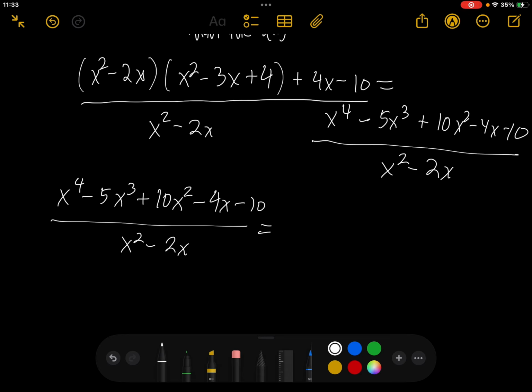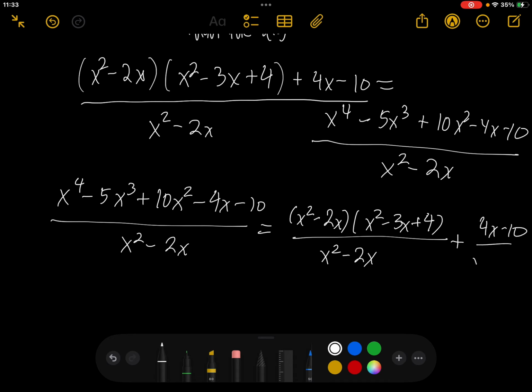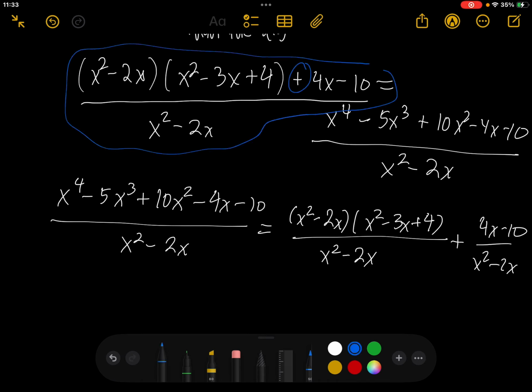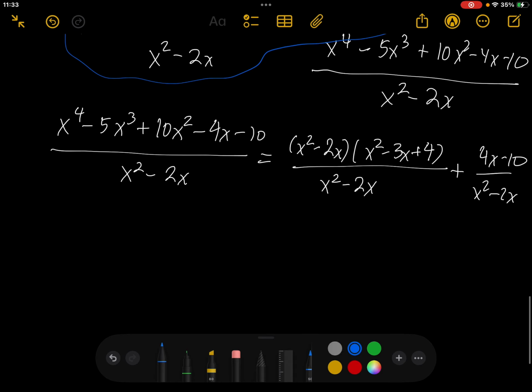Now I have a polynomial divided by a polynomial. I can split this fraction into x squared minus 2x times x squared minus 3x plus 4 over x squared minus 2x, plus 4x minus 10 over x squared minus 2x. I'm just splitting it up into the sum of the fractions, because I have a plus here.